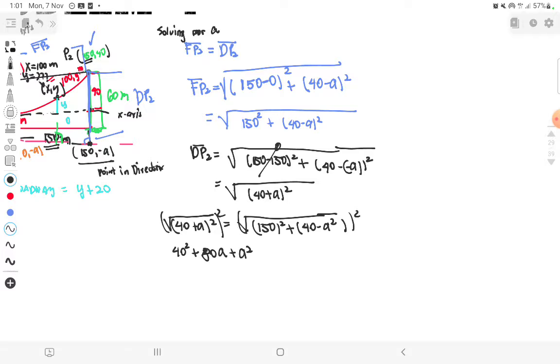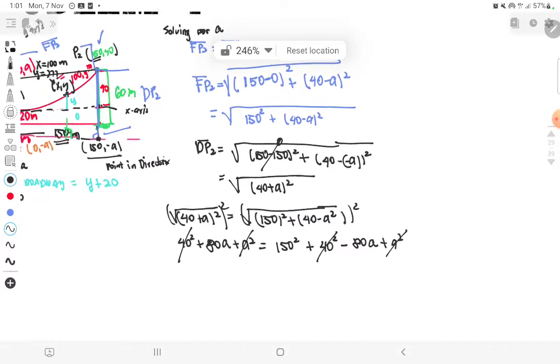So we have 40 squared plus 80a plus a squared, which is equal to 150 squared plus 40 squared minus 80a plus a squared. Notice that our a squared will be removed because a squared minus a squared is 0. Also my 40 squared minus 40 squared is 0.